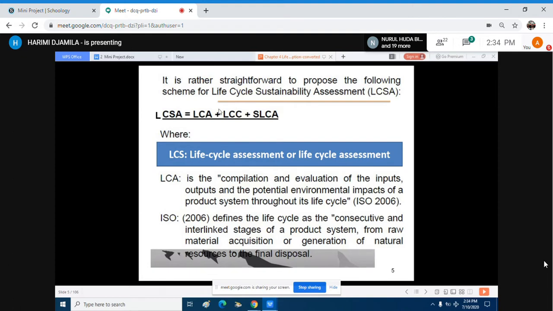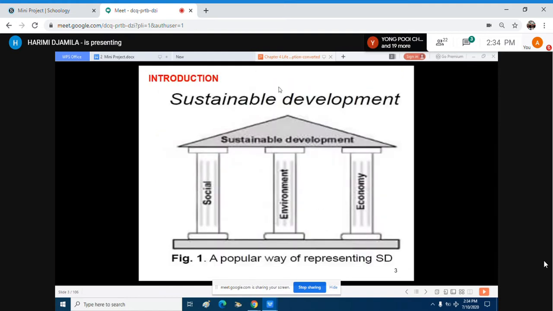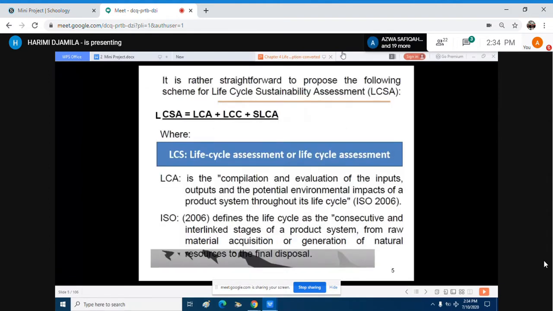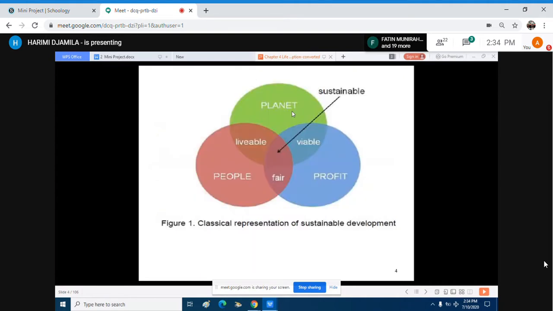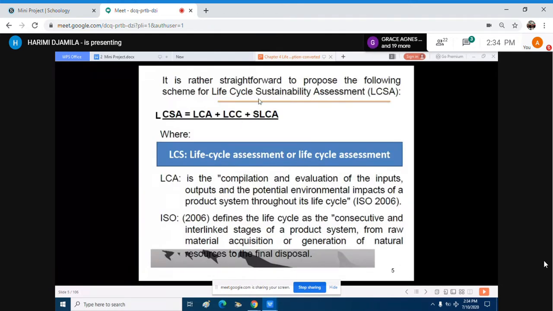So here, life cycle sustainability assessment, of which I provided brief information in my slide, includes life cycle analysis, which is linked to the environment, and also the cost aspect, so it's life cycle cost, and also the third aspect, which is the social aspect or people.